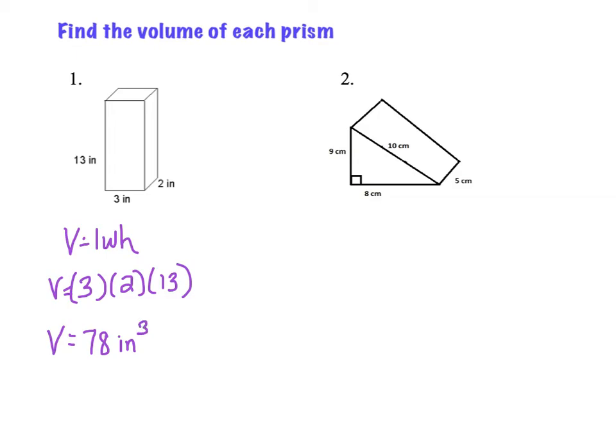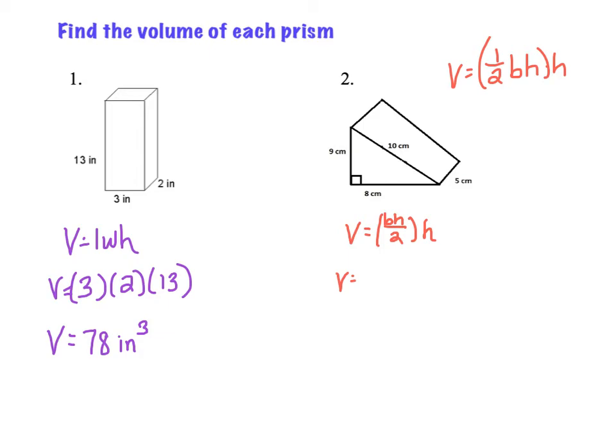Find the volume of triangular prism number 2. Again, first things first, write my formula. I'm going to use base times height divided by 2 times height. Again, you can also use this formula and you should get the same answer.